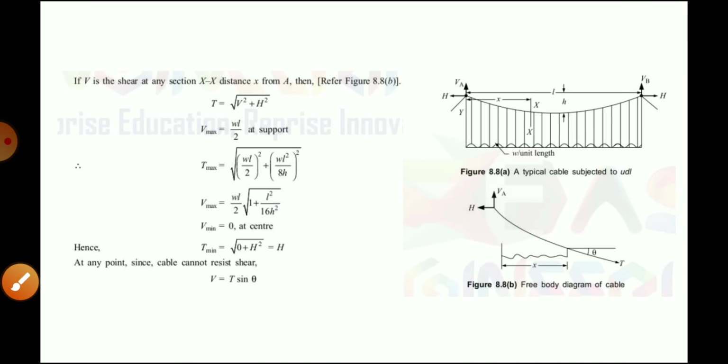Next we'll see what is the maximum and minimum tensile force exerted on the cable. And we have discussed in the last class that in a cable only tensile forces will be exerted. And we are interested to know what is the maximum tensile force exerted and what is the minimum tensile force exerted.